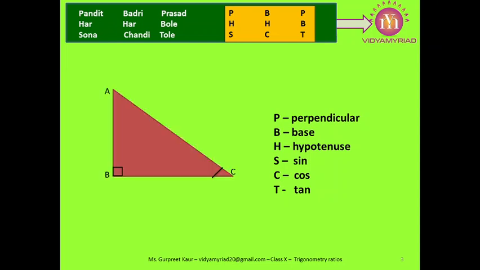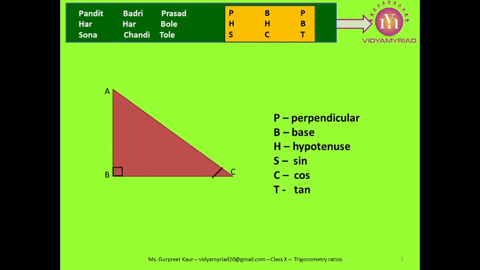Now when we make a triangle, this is a right angle triangle and we are talking about angle C. So you will be talking about the ratios based on the angles formed. Like you will be told about sine A, you can be asked about sine C. So according to that you are going to find out their ratios.